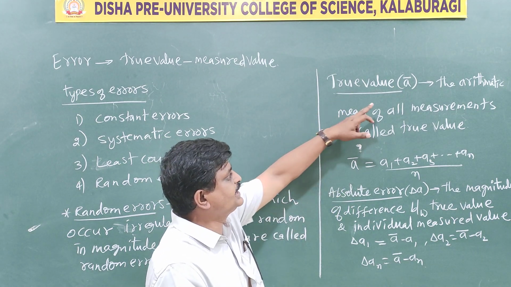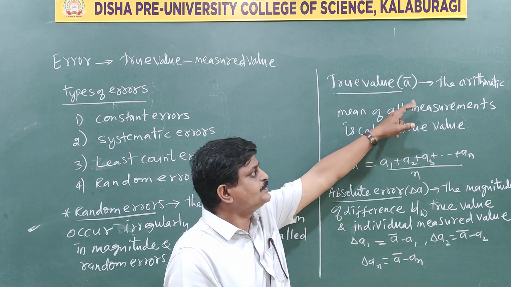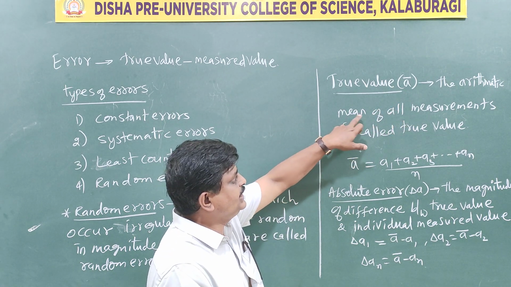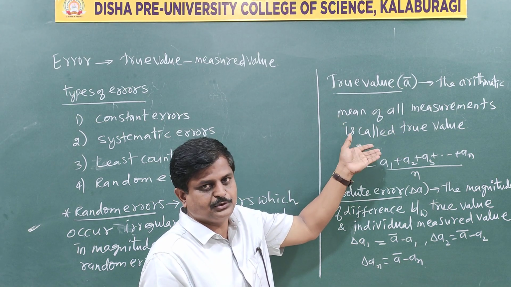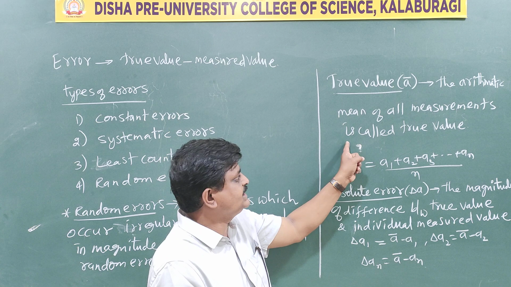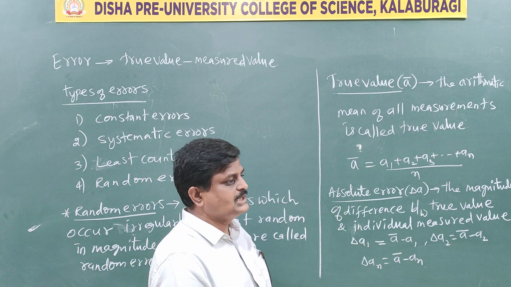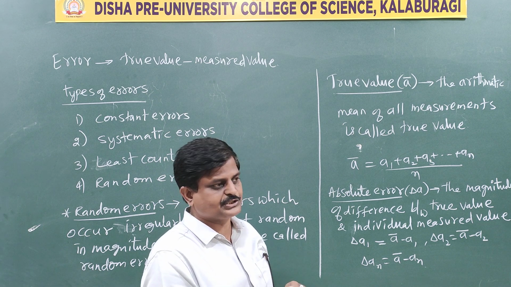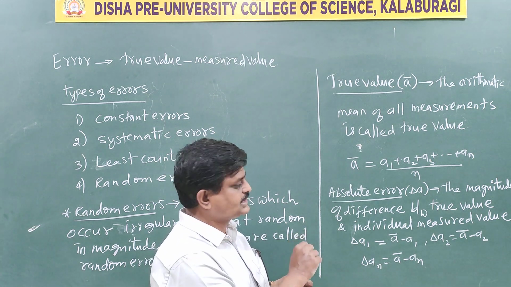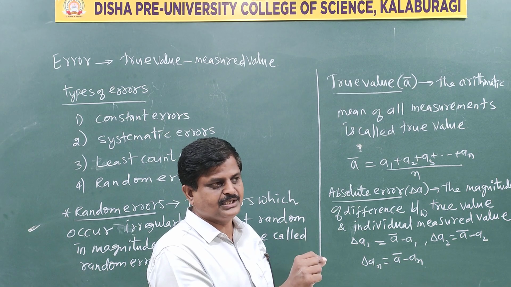Just see how it is represented as A bar. The arithmetic mean of all measurements, meaning trials, is called the true value. Let us say you have measured the individual values in an experiment with notation A1, A2, A3 and so on.